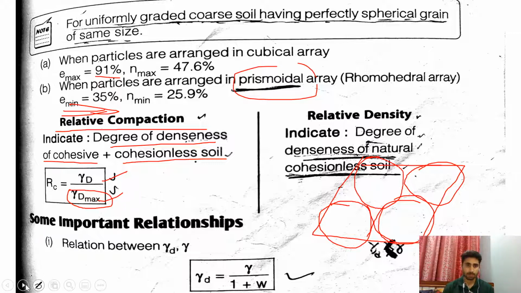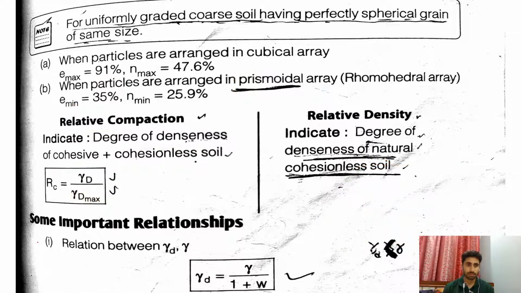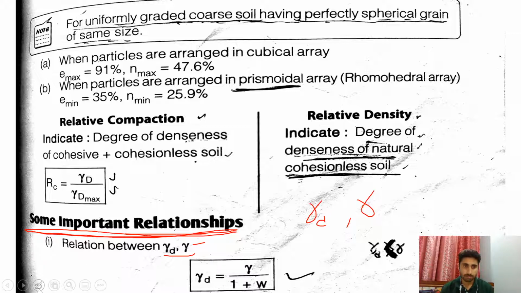Now we are going to see some important relationships. The first relation is between gamma d and gamma bulk, the dry unit weight and bulk unit weight. Gamma d is equal to gamma upon 1 plus w.